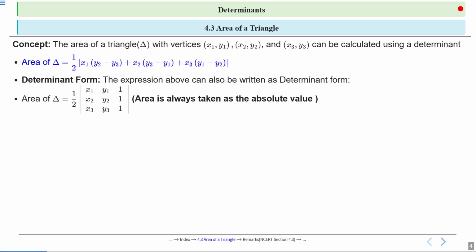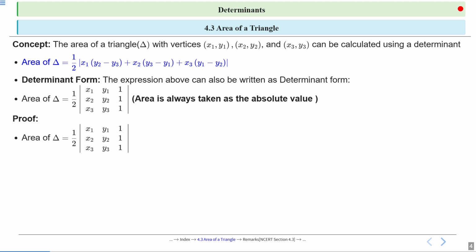Here x1 y1 is the first point, x2 y2 is the second vertex, x3 y3 is the third vertex. When we expand this determinant using the expansion formula, we get exactly the same formula of area of triangle. And always remember, area is always taken as an absolute value.